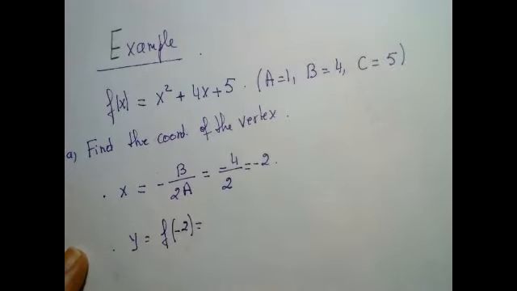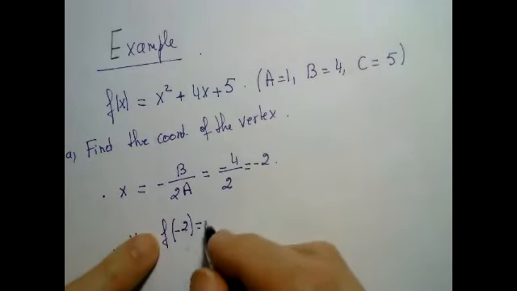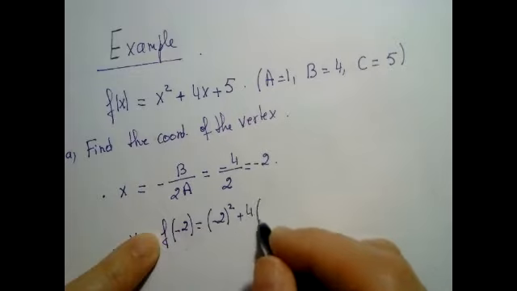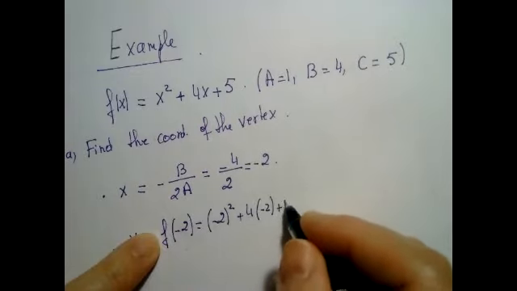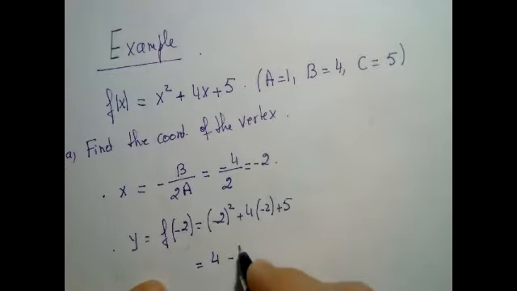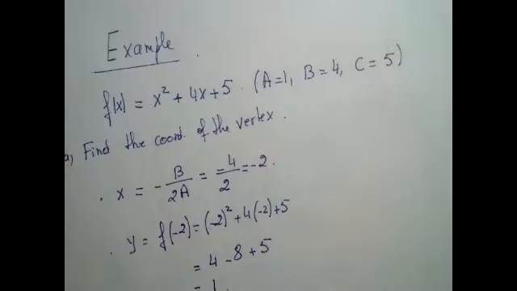So it's minus 2 squared plus 4 times minus 2 plus 5, which is 4 minus 8 plus 5, which is minus 4 plus 5, which is equal to 1.